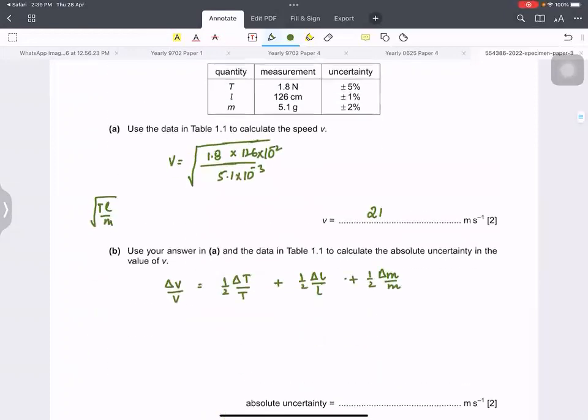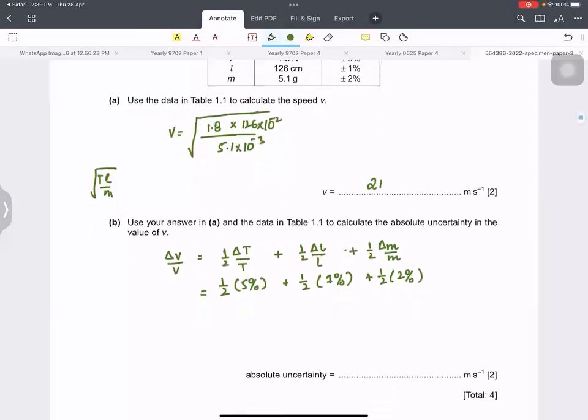And then because these are given in percentages, so you can add them. Just put it in. So it is 5%. This is 1%. This is 2%. Okay. So what you do then? 2.5%, 0.5%, 1%.